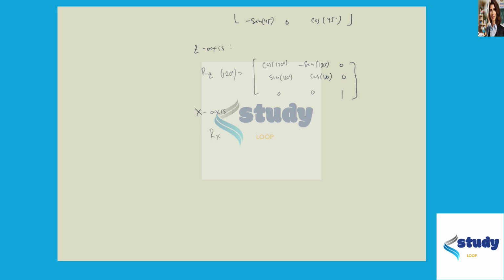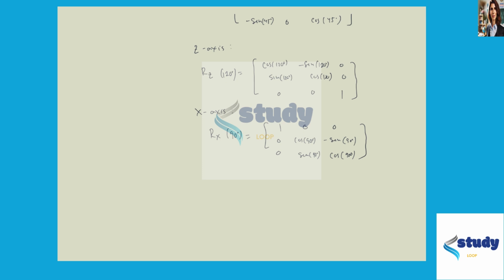We're going to denote it as Rx of 90, which is equal to 1, 0, 0; 0, cosine 90, negative sine of 90; 0, sine 90, cosine 90.